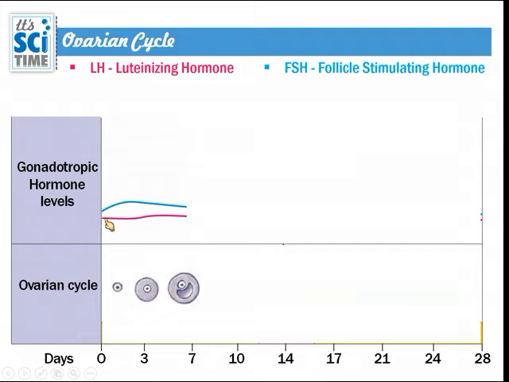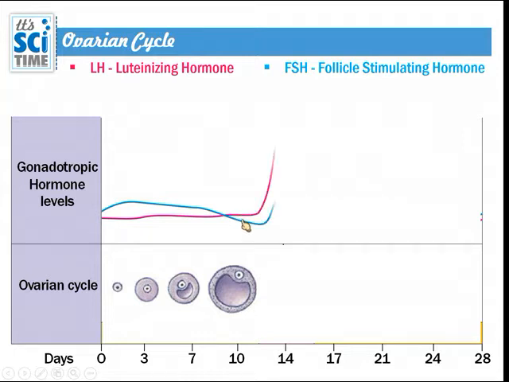Now you can see the LH hormone also gradually increasing here, but in the next phase you can see the FSH level decreasing and the LH level gradually increasing at a small rate. Now this follicle has been stimulated to grow, and the ova are getting mature.